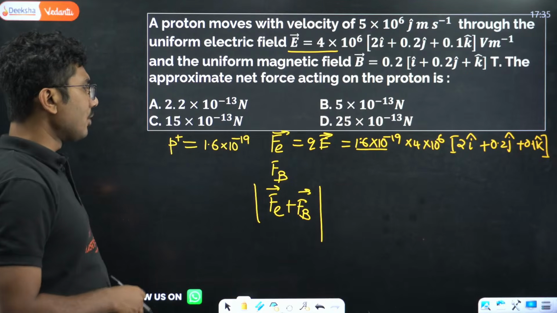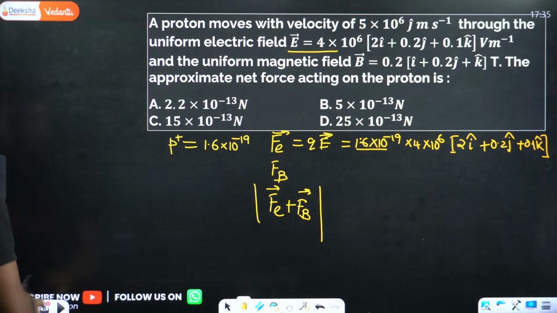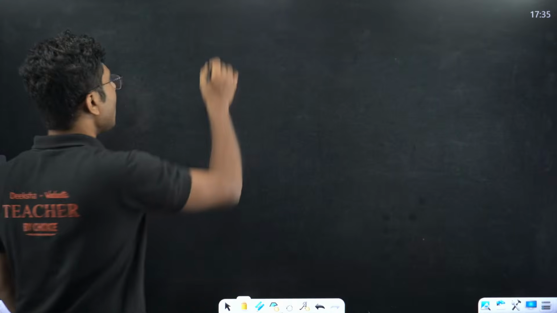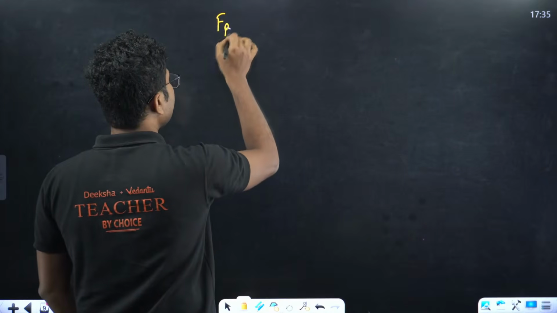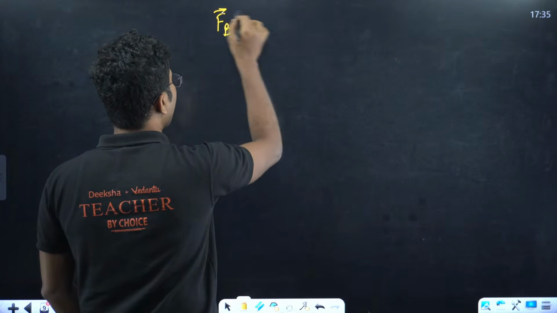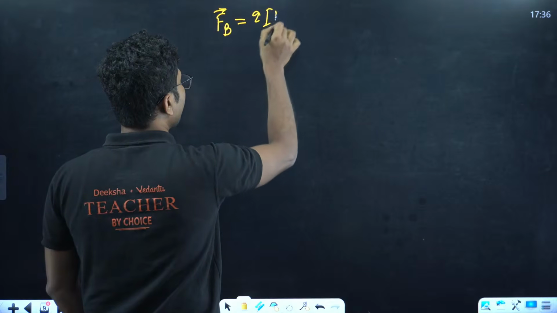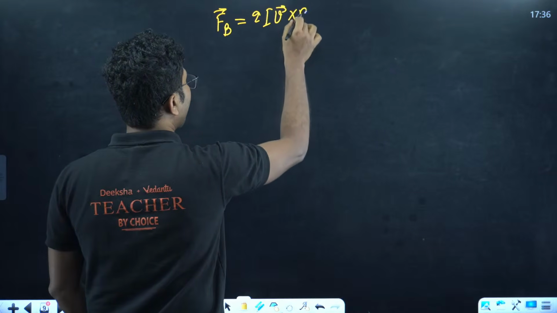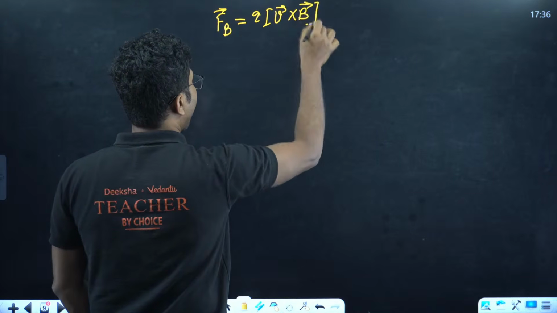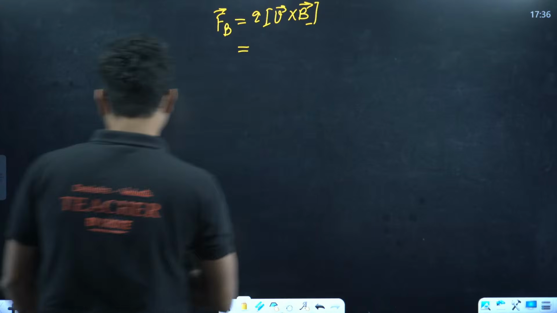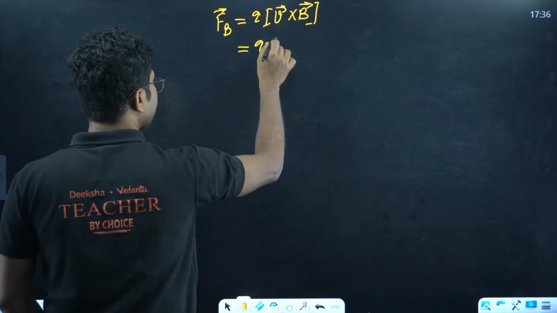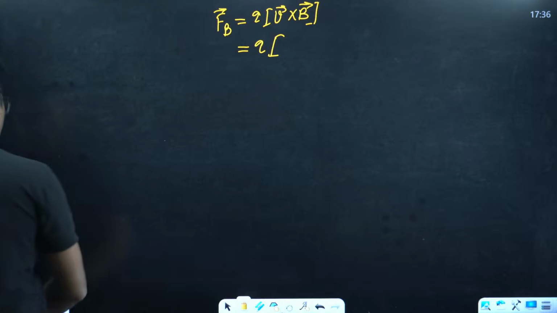Okay. What about the magnetic force? Magnetic force is important, so let's calculate the magnetic force. Magnetic force F_B is equal to Q V cross B. Q is obviously 1.6 into 10 to the power of minus 19; we will take it common, so don't worry.